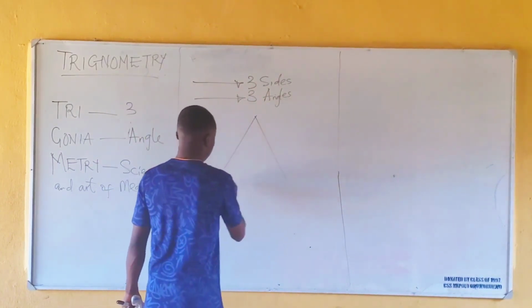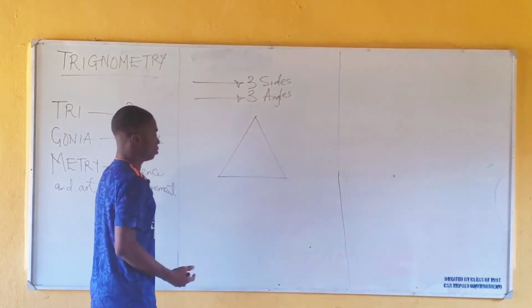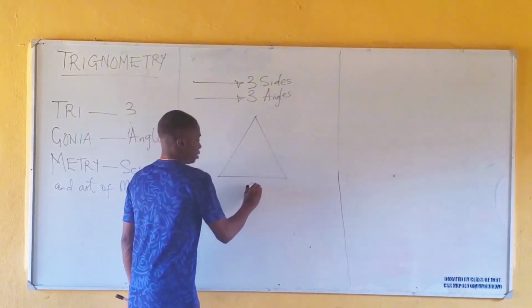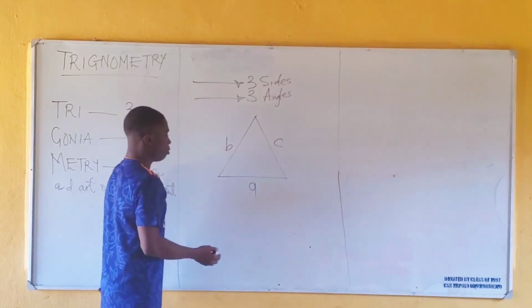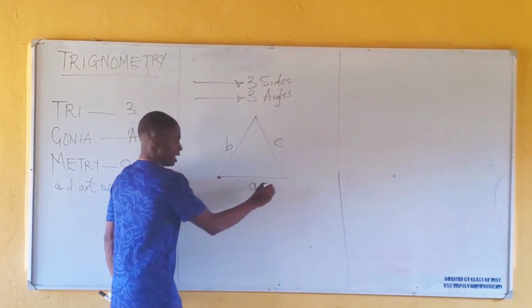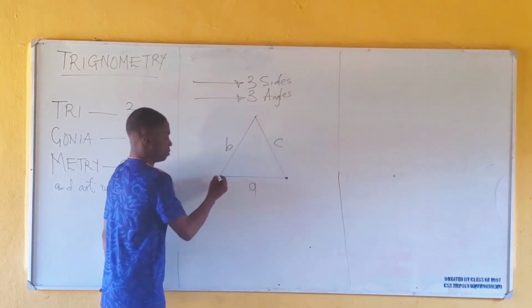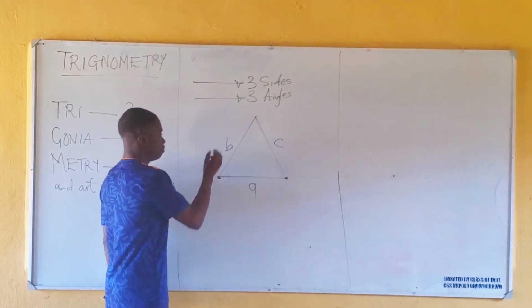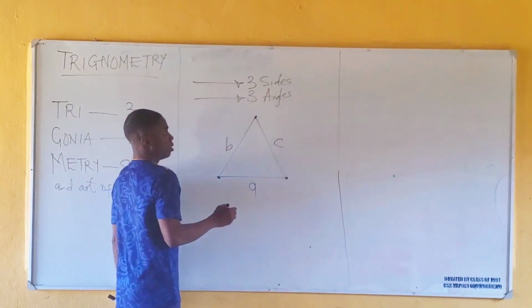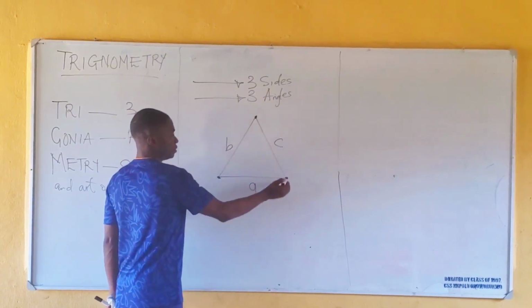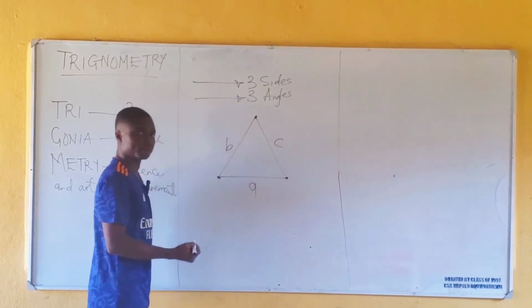So this is a triangle. Assuming this is A, this is B, and this is C. Now A is the length of this line, B is the length of this other line, while C is the length of this line.